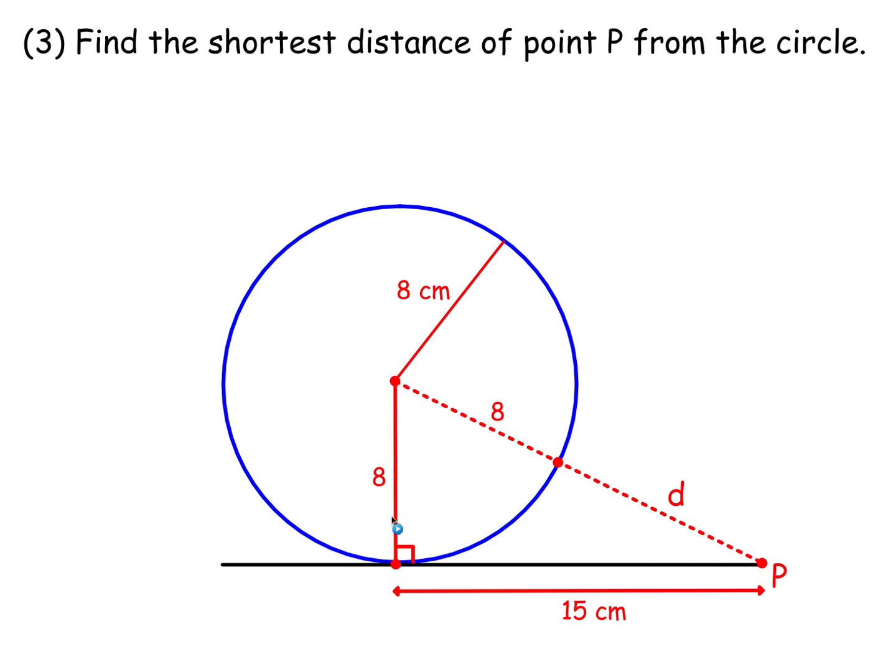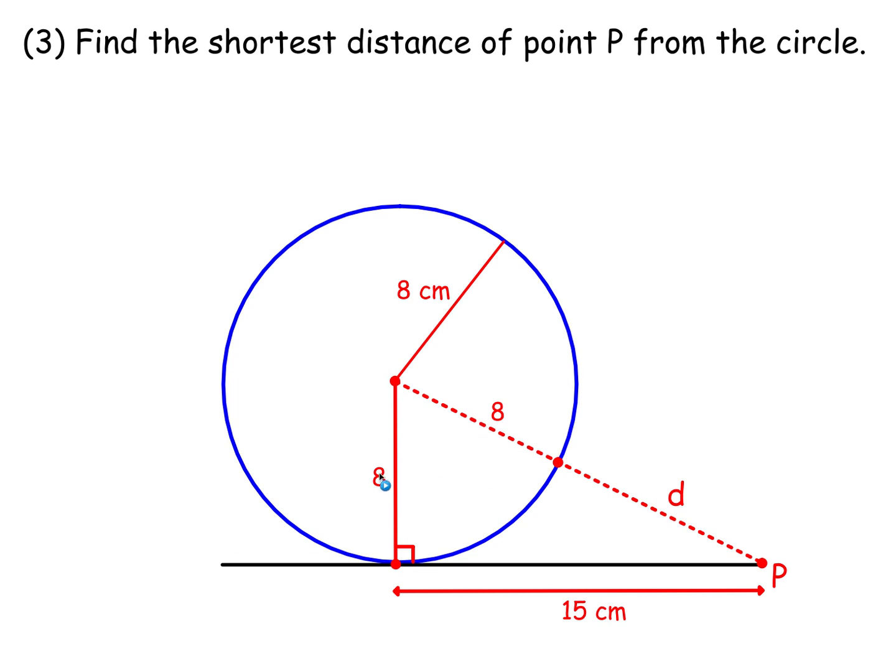This is a radius, 8. This part's 8, a radius. And this part's what we're to find out, D, the shortest distance from point P to the circle. So, there was a radius, 8. It told us that distance was 15.